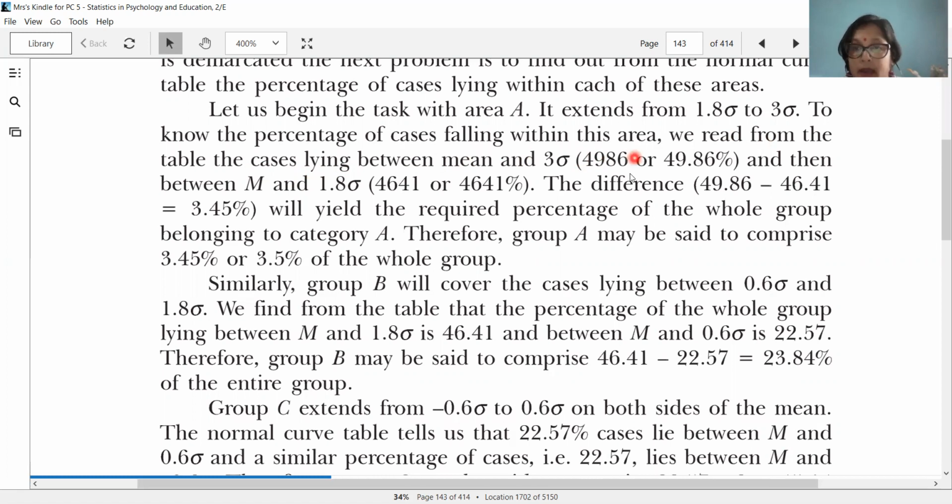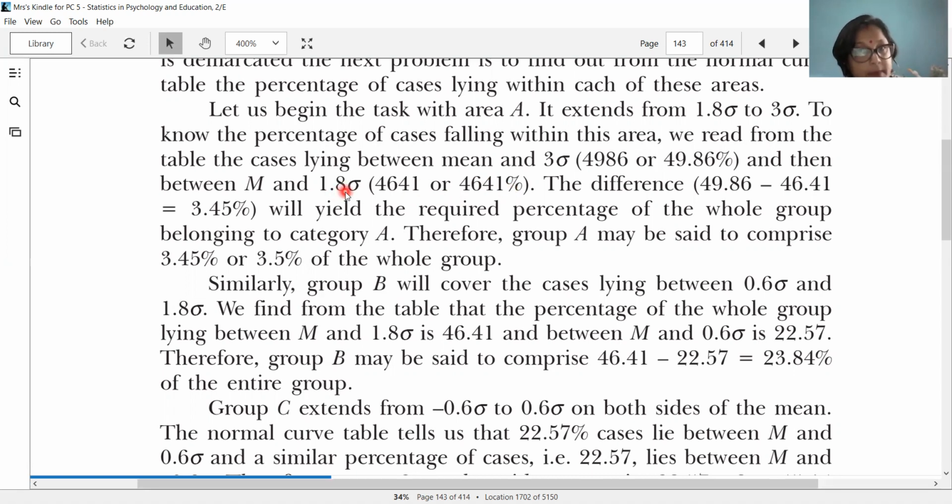From the normal curve table, we got the percentage of cases for 3 sigma as 49.86%. And again, we need to find out the percentage of cases for 1.8 sigma, which we get as 46.41%.